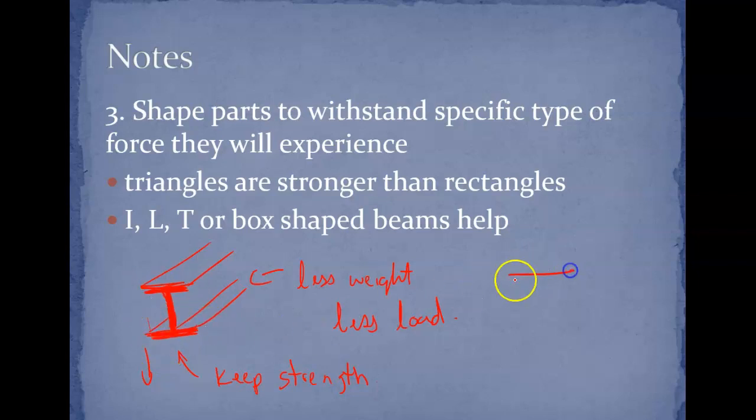And so we can see various beams, might be like a T-beam or even like a hollow box, as ways to reduce weight, less load, but to keep the strength, depending on what it is we're looking for.